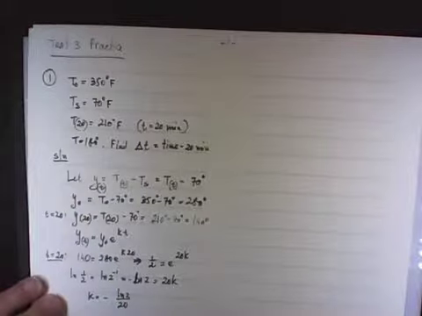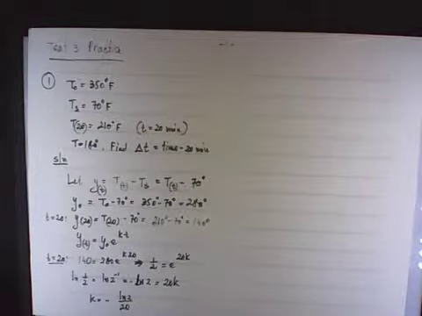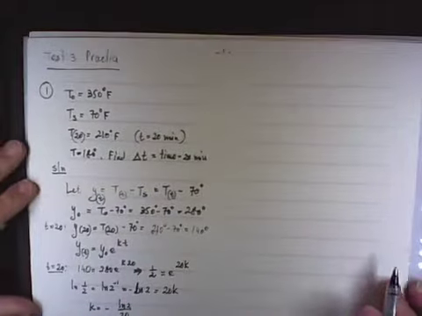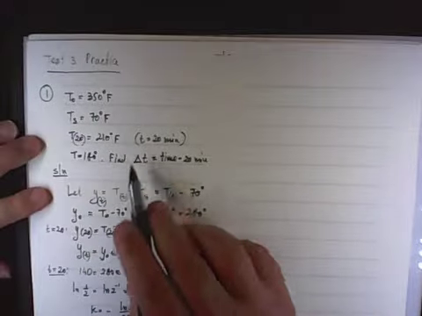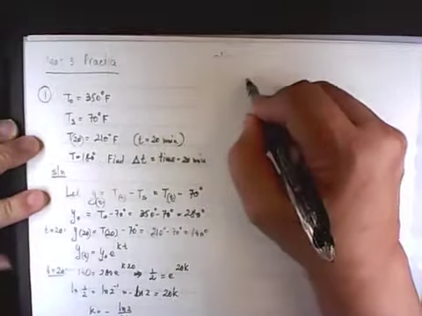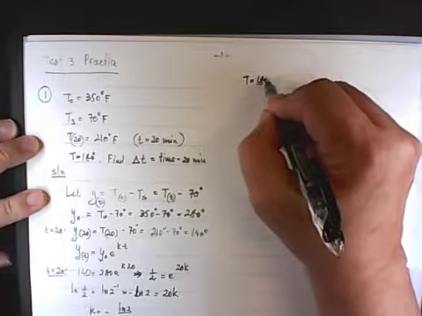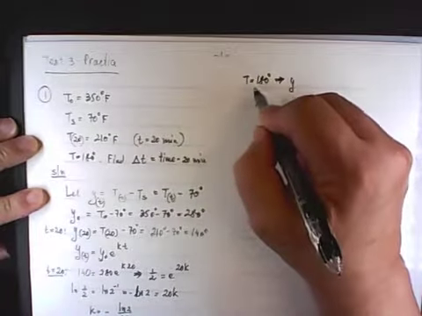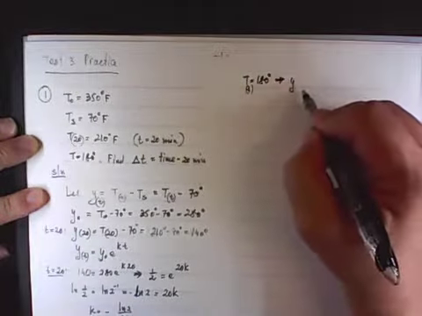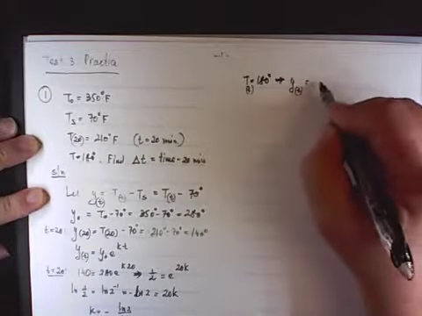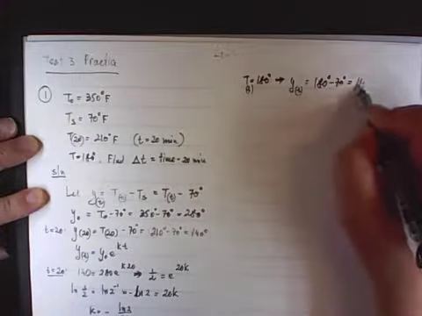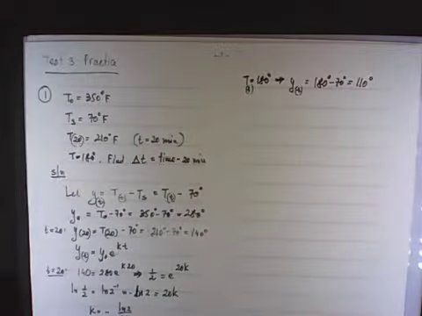So we have k, and I wouldn't calculate it numerically at this point, because if you calculate it numerically, you will have a rounding error. I'll leave it like that. And we want to find when T equals 180. Well, when T of t equals 180, then y of t equals 180 minus 70, and that would be 110 degrees.